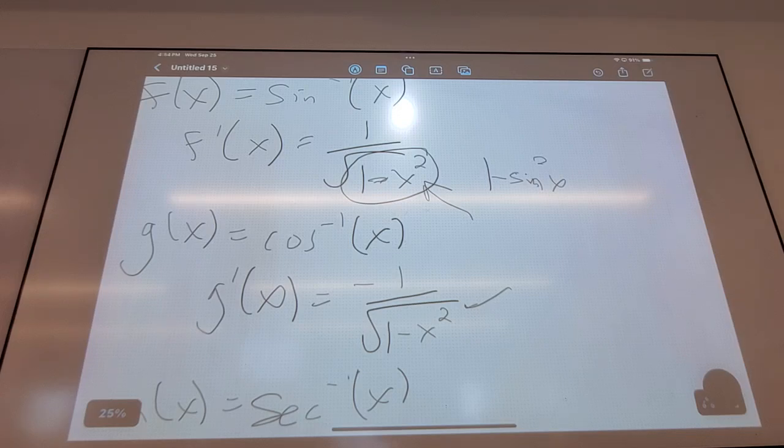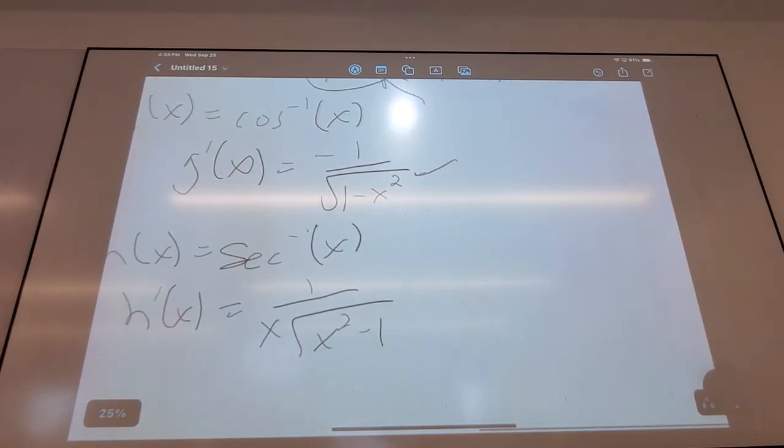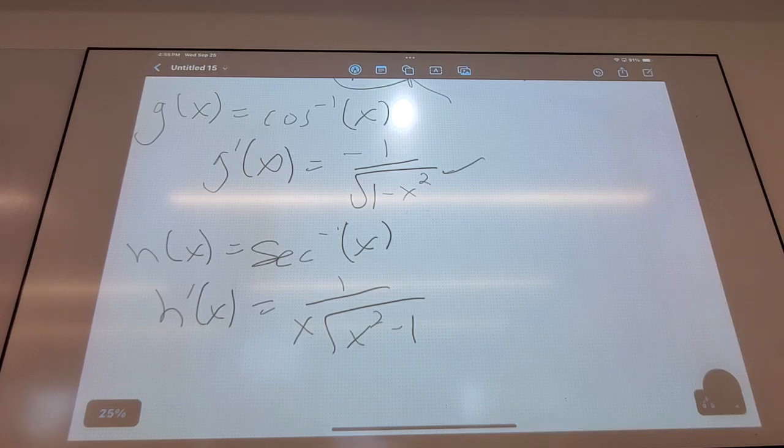What about tangent and secant squared? You remember that one? Tangent squared theta plus 1 is secant squared theta. So tangent squared theta would be secant squared theta minus 1. And look what's in this derivative, x squared minus 1.